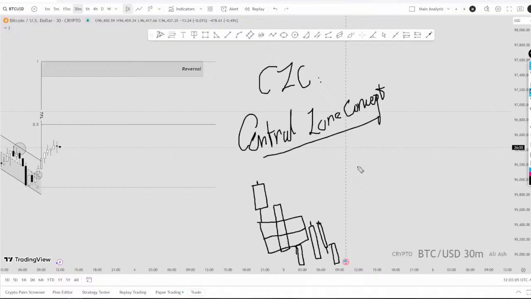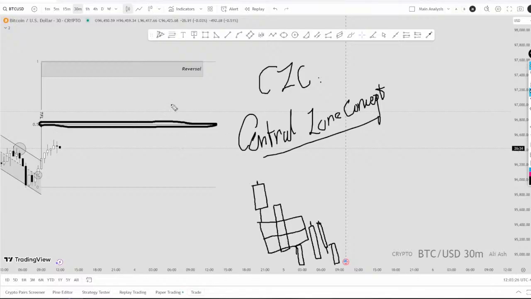So whenever we have the SR interchange like this, we'll count the central zone, because one side of the demand or supply is superior and the other is inferior. With that concept, we see a potential reversal on the central zone.